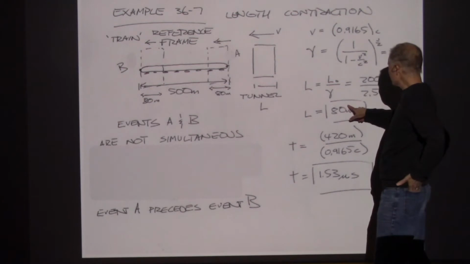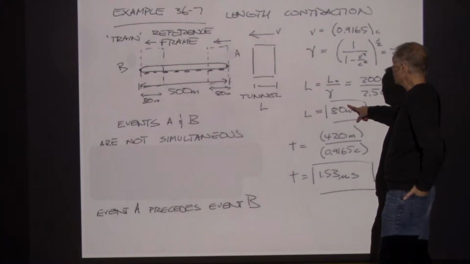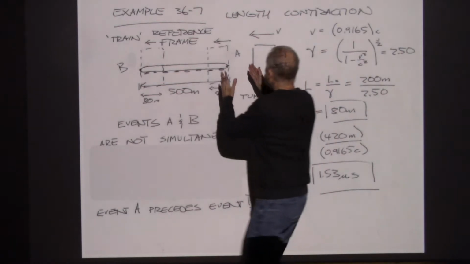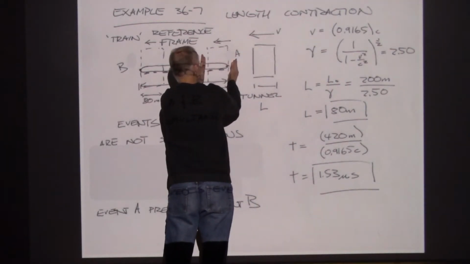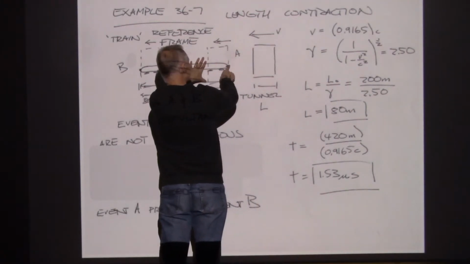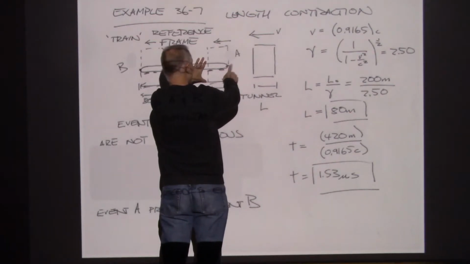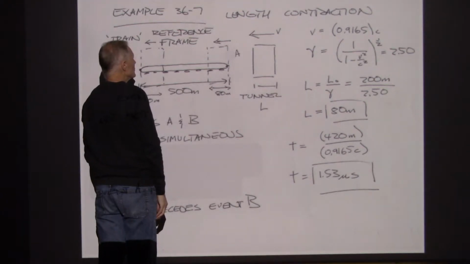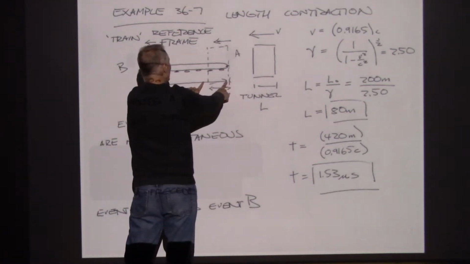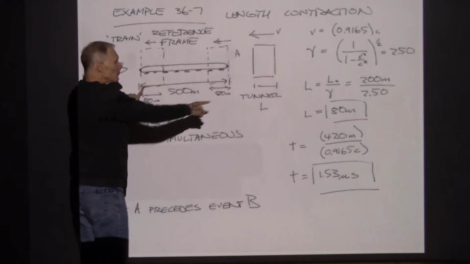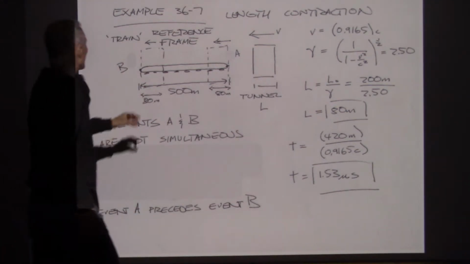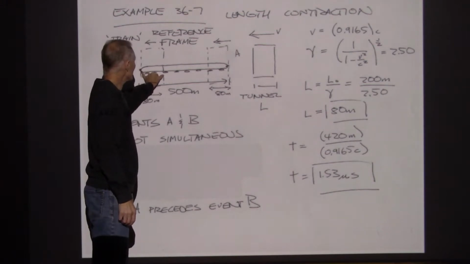So we can say that the tunnel now has a length of 80 meters. From this position, where the tunnel has just reached the front of the train, back of the tunnel, to this position, how far has the tunnel moved? The tunnel will have moved 420 meters, because the train's 500 meters long, and the tunnel itself is 80 meters in length.